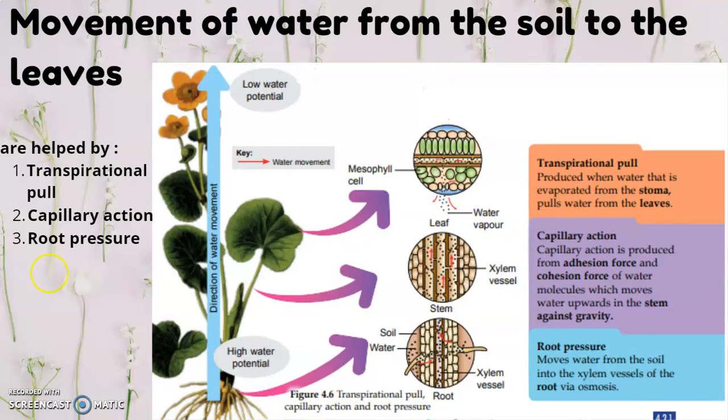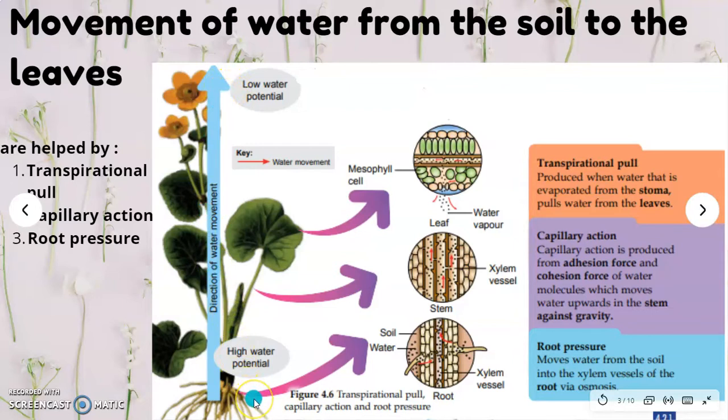Please look at this figure first. As you can see, this is a plant. Please look at the arrows here. The arrows refer to the direction of water movement, whereby at the root it has a high water potential, and at the shoot or at the leaf, there is low water potential.